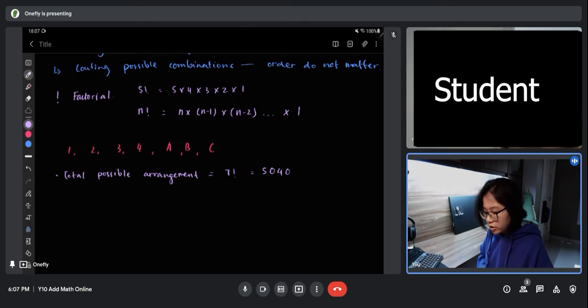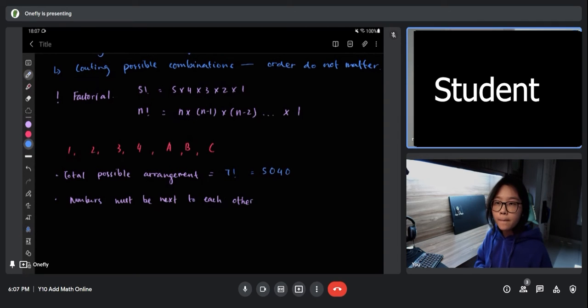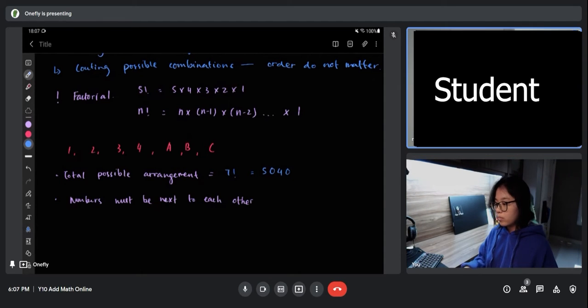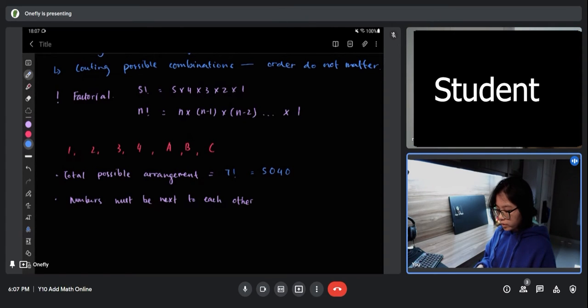Okay, then let's try if the condition says the numbers must be next to each other. 7 over 4. The 2 is the factorial. So you mean 7 factorial over 4 factorial?